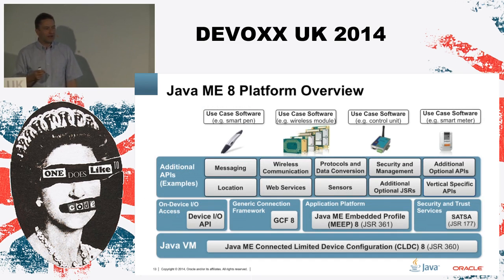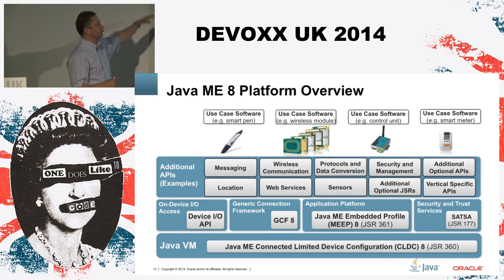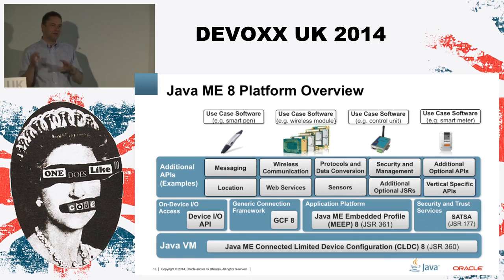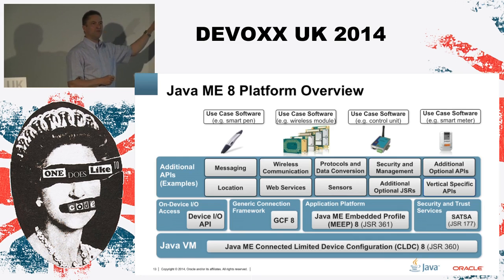Now, if we look at the platform overall, there's lots of different bits to it. Realistically, you've got sort of 3 different layers. At the bottom, you've got the Connected Limited Device Configuration. This is the way Java ME has been designed from the beginning: the idea of having configurations and profiles.